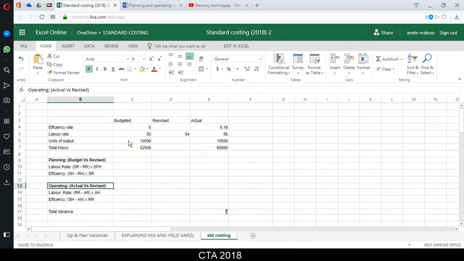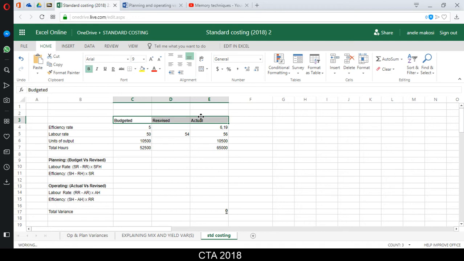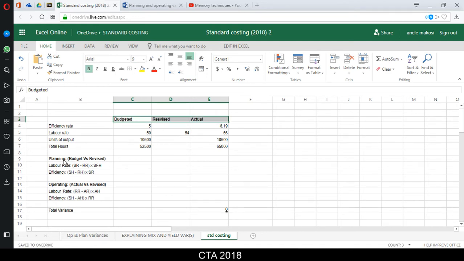Now what I would do after preparing this table here is, when I'm dealing with planning, I know it's between the standard, the budget, and the revised budget. That is planning. We compare the budget and the revised budget, and any variance that is between these two is for planning.